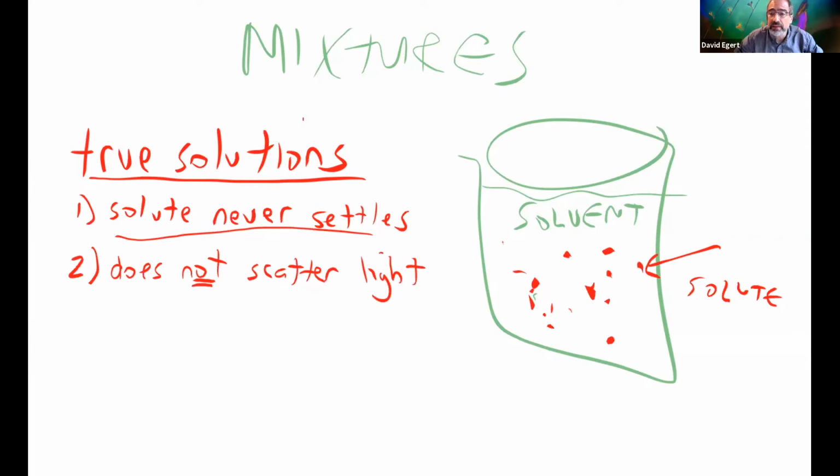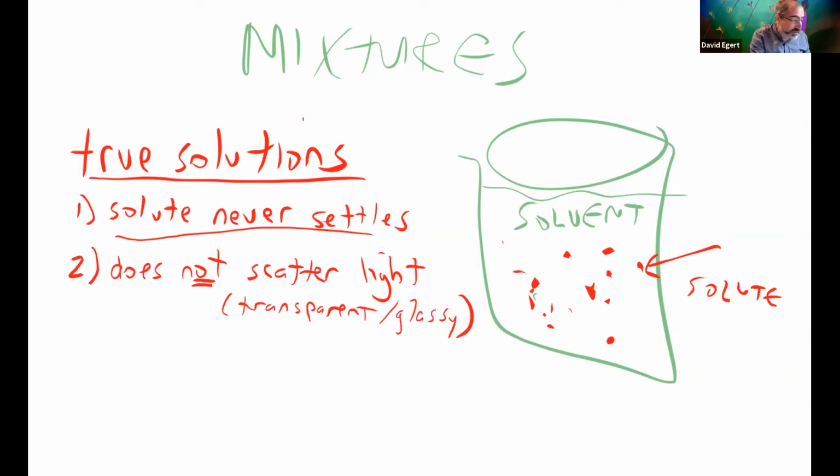What that means is it looks glassy. It might even have a color, but it looks clear. It doesn't look milky or cloudy or anything. It looks transparent. So not scattering light means it's transparent.